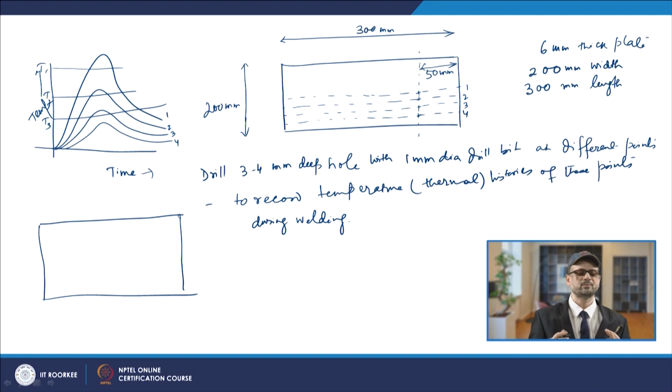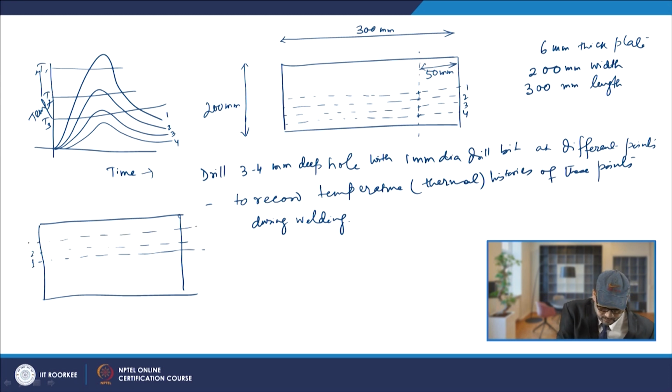So, you can draw these thermal histories. If you look at the different points, you will have one point here, the second point here, the third point here, then the fourth point here. After a certain distance we are trying to get these thermal histories.